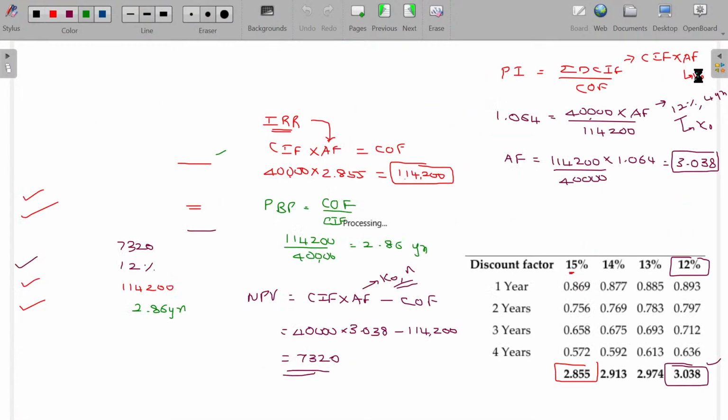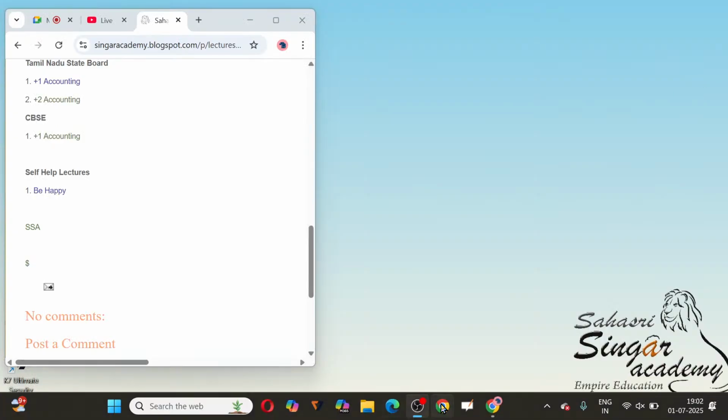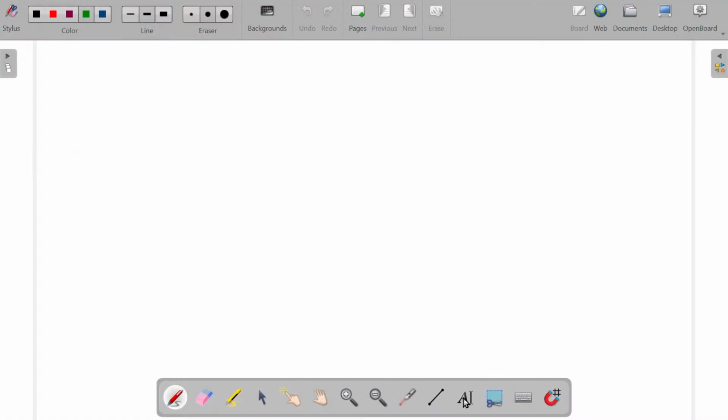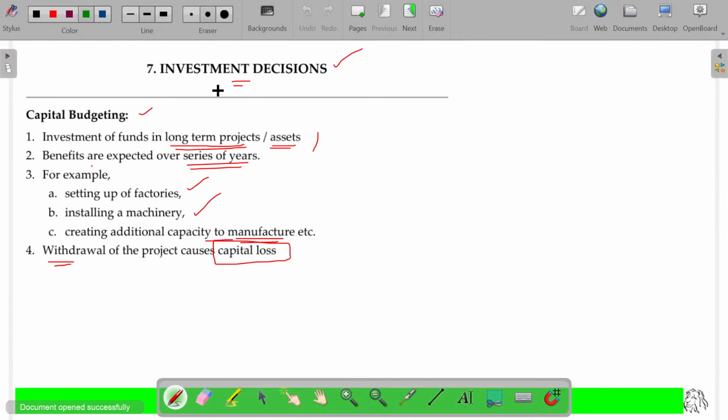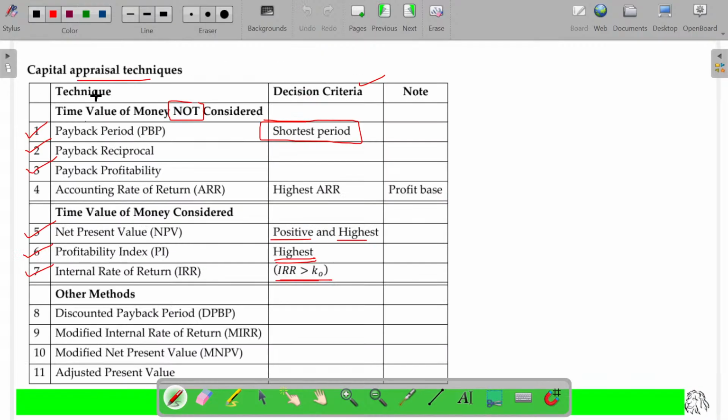Now, in capital budgeting, in investment decision, we have seen the theory and also we have studied all these models including modified IRR, modified net present value, discounted payback period and all.